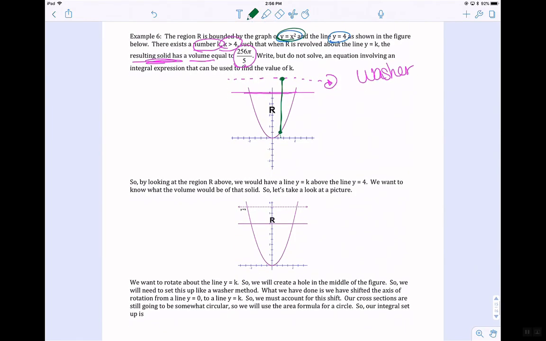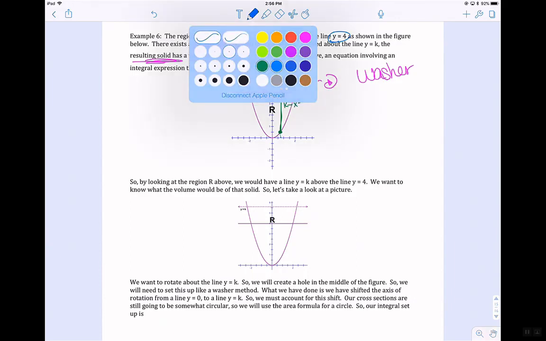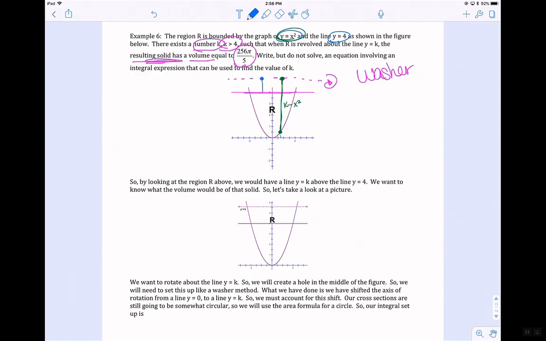So my outermost radius here is k minus x squared. My innermost radius is the distance between these two points. This value gives you k, but that goes all the way down to the x-axis, so this value here is k minus 4, because I would subtract off this whole distance of 4.